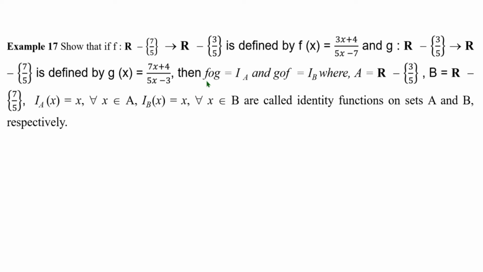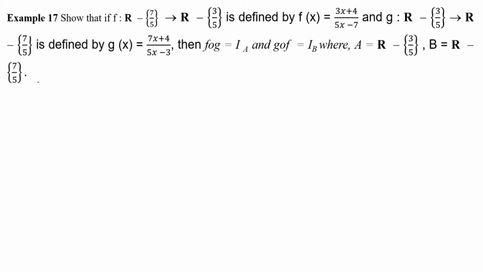Then we have to show that f of g is equal to the identity function IA and g of f is equal to the identity function IB, where A is this set and B is the set R minus 7 by 5. So first we will prove each of these separately. That is, first we will prove f of g is equal to IA and then we will prove g of f is equal to IB.